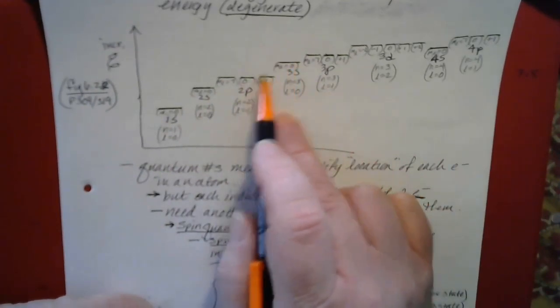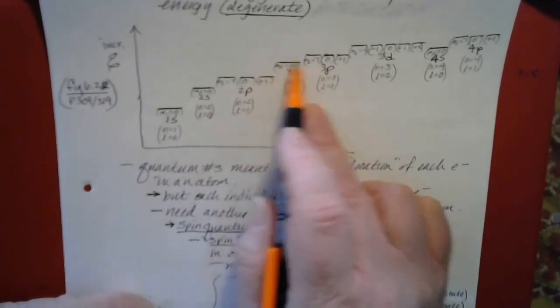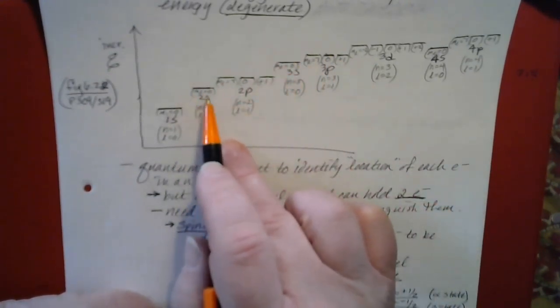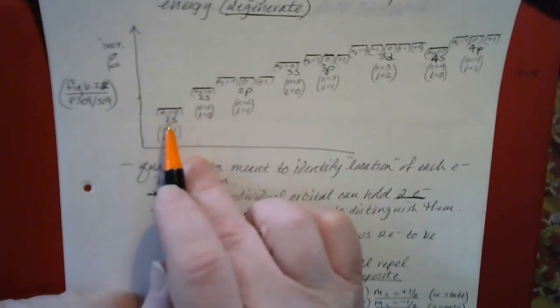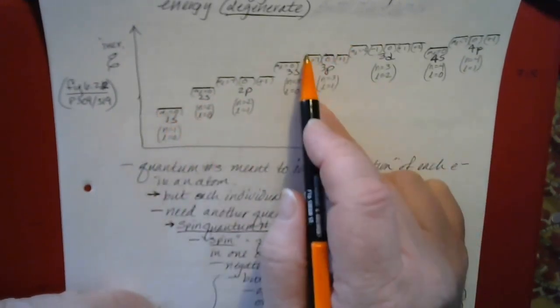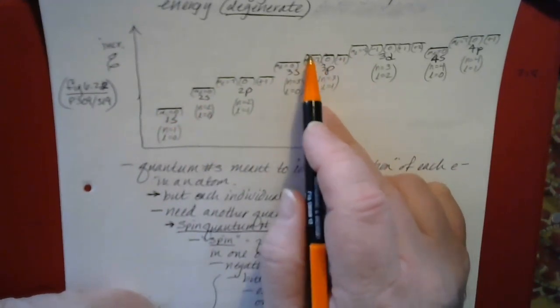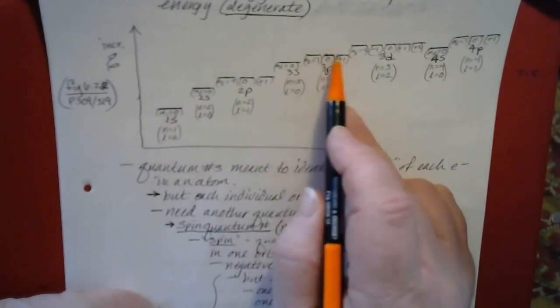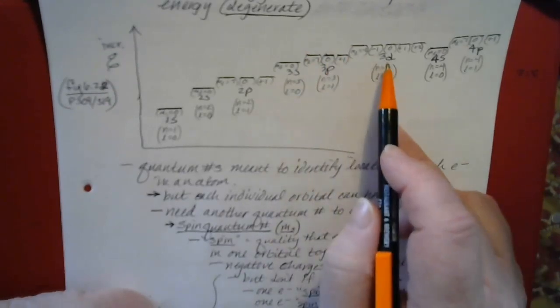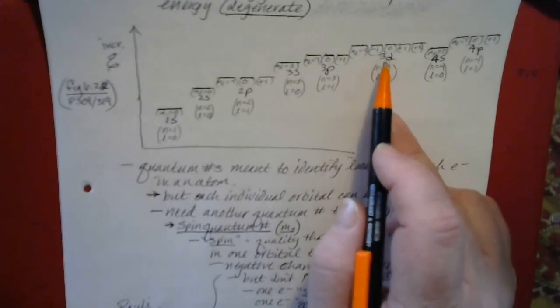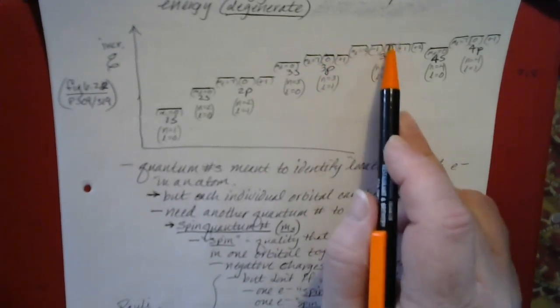And then 3s is higher than 2p, but there's only one s orbital in the third shell, just like there was only one s orbital in the second shell, and only one in the first shell. But then you've got 3p orbitals, and there are three of those, px, py, and pz, and they're all the same energy. And in the third shell, we have the possibility of d-type orbitals as well. There are 5 of those, and they all have the same energy.